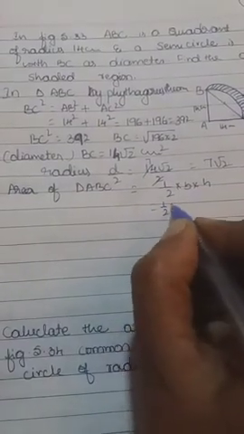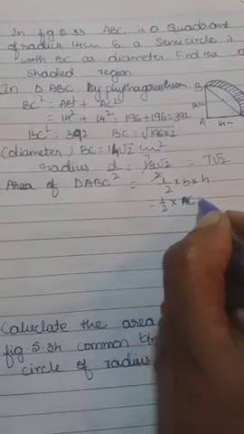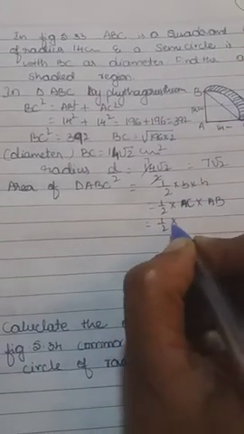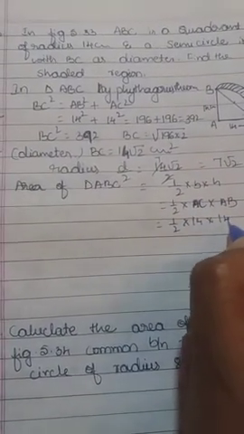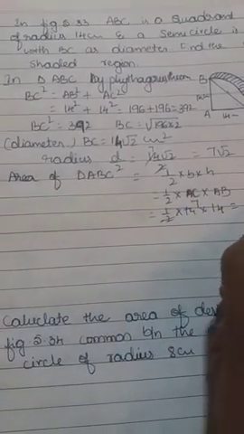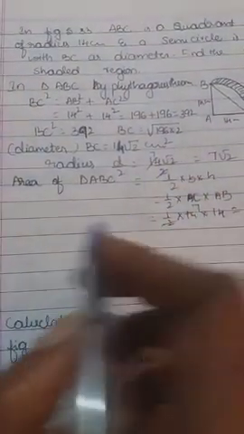So half into base AC into height AB. Let us substitute the values: AC is 14 and AB is also 14. Half of 14 is 7, and 7 times 14 is 98 centimeter square. So this is the area of triangle ABC.